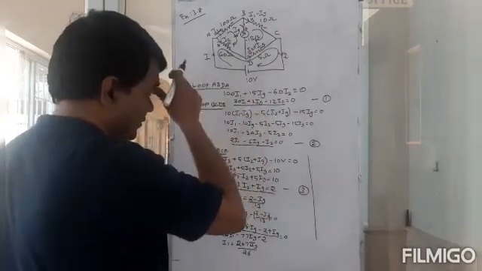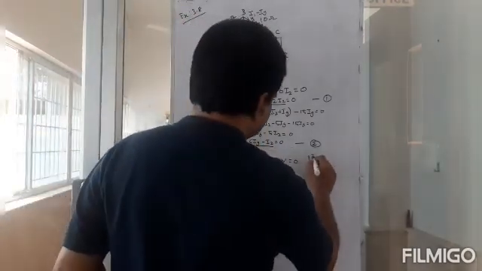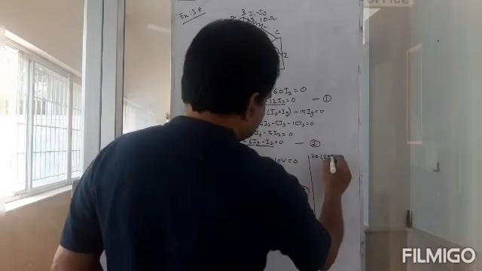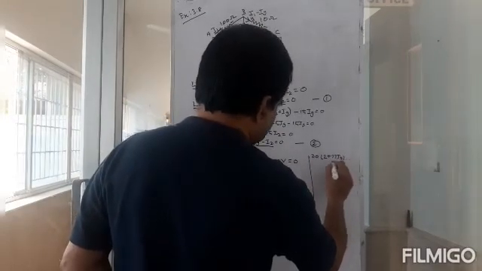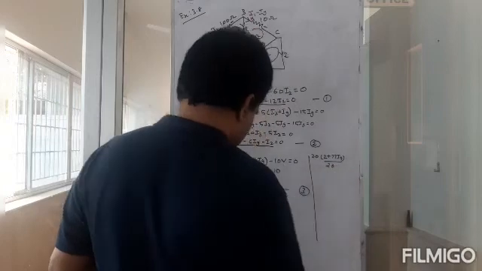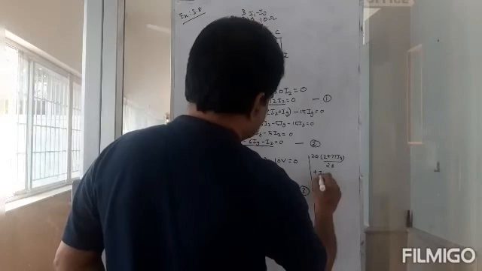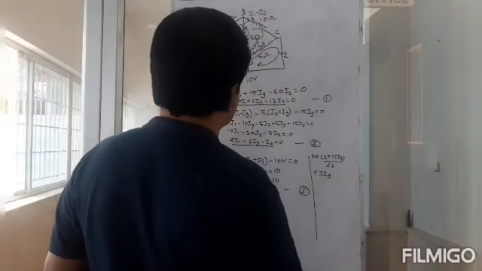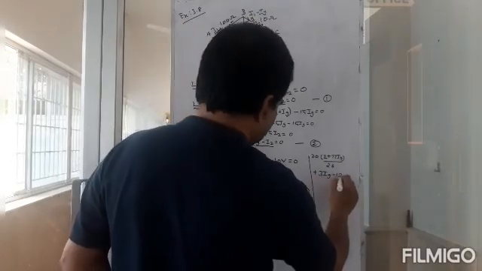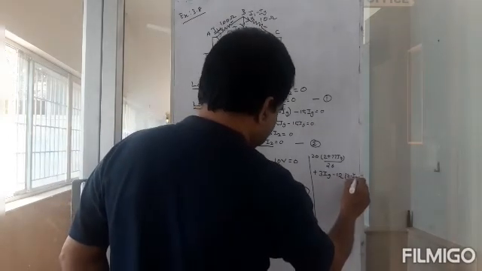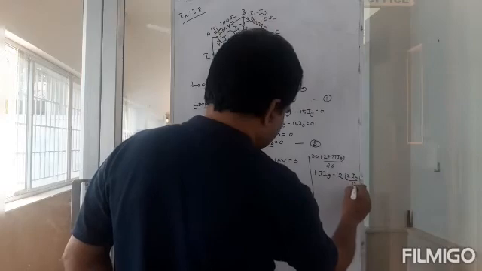I'll go here. So 20 into (2 plus 77 Ig by 26), that's I1, plus 3 Ig. Okay, then minus 12 into I2, which is (2 minus Ig) by 13.